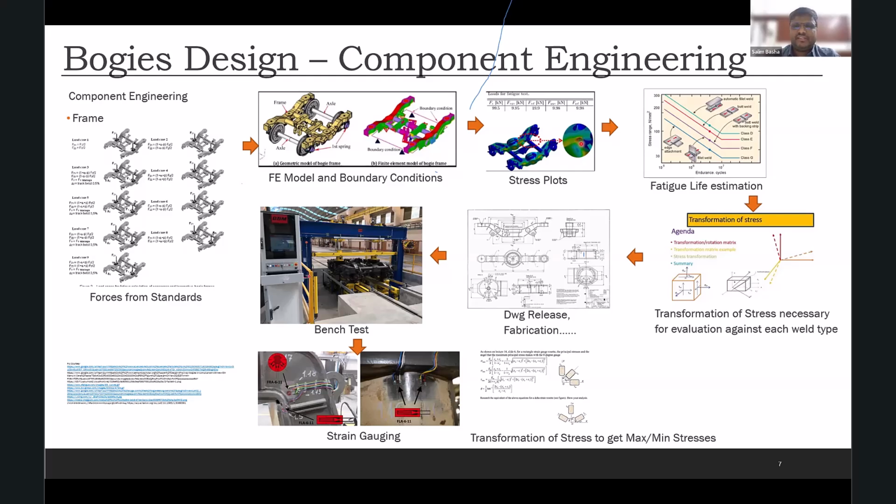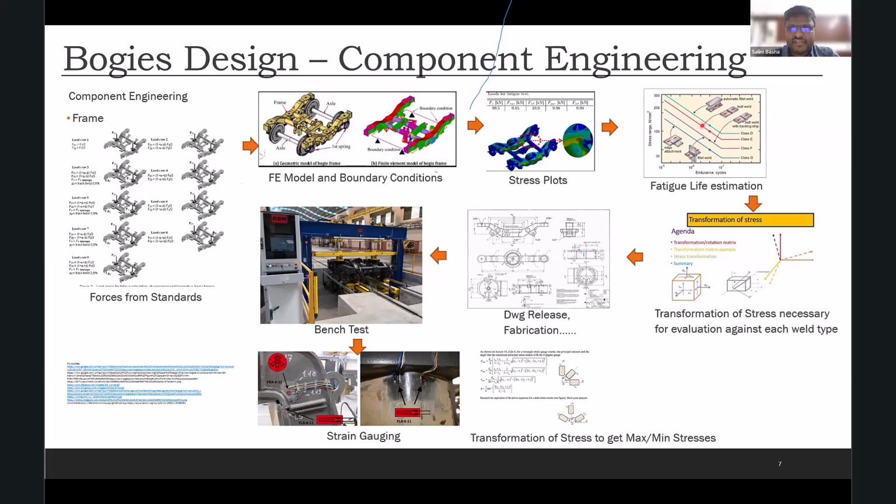So we do that. And then we also need to compare against the various, for example, here, this is a fabricated frame. And how do we know what is the limit of that joint? Because each weld behaves differently. So the welding itself is a different technology. So people have created different types of welds, and they have tested the endurance of that weld.